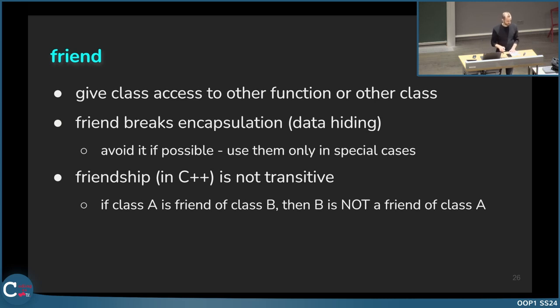We told you that you should always write your member functions private, maybe writing getters and setters. But with this friendship, you kind of break it completely, because a friend class can again access all the private members. So this concept of data hiding is broken again, and you should avoid it.